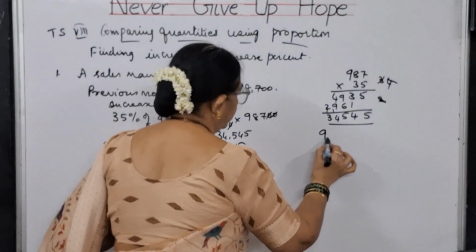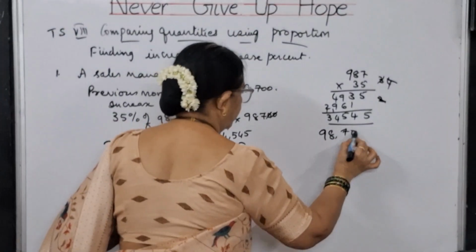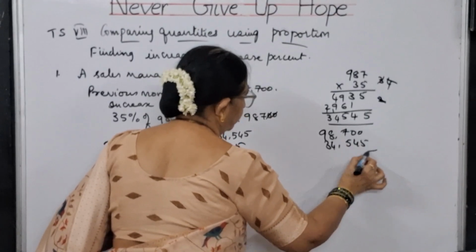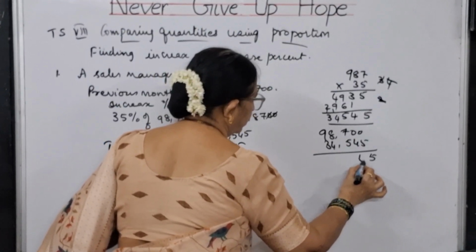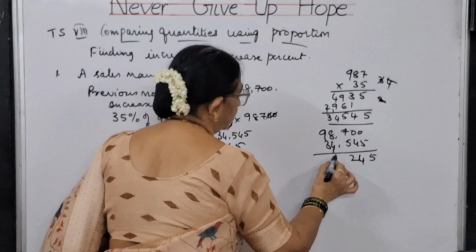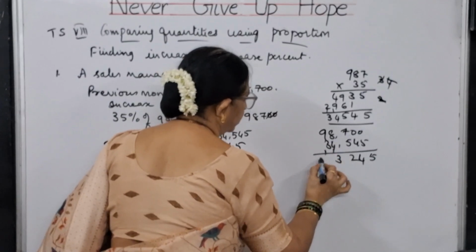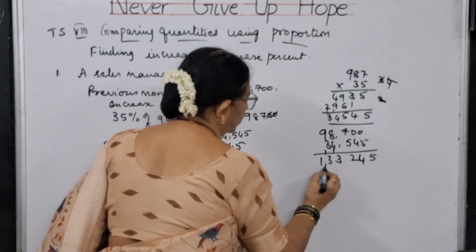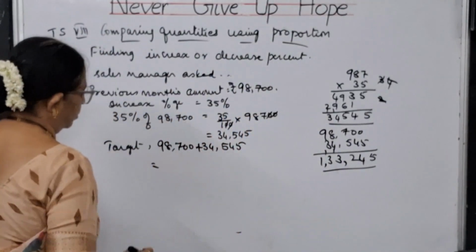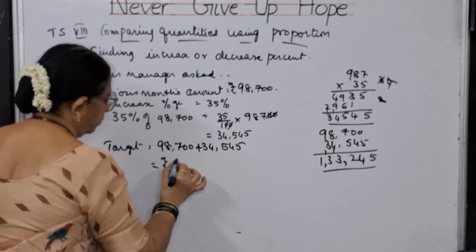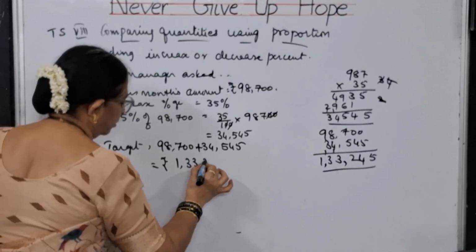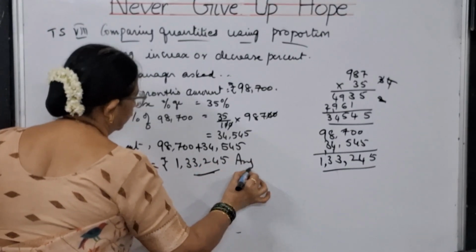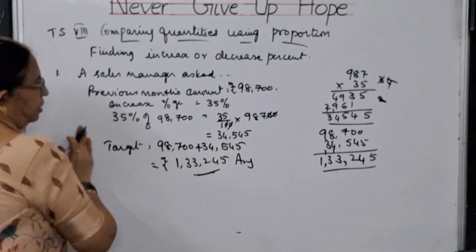So if you add, 5 here, 4 here, 12, 13, 30. 1 lakh 33,245 is the answer. This is the target that is fixed by the manager.